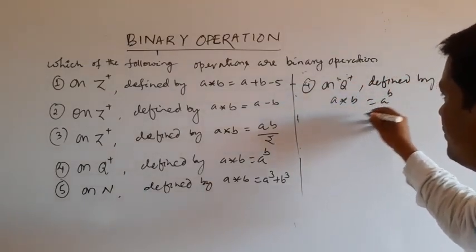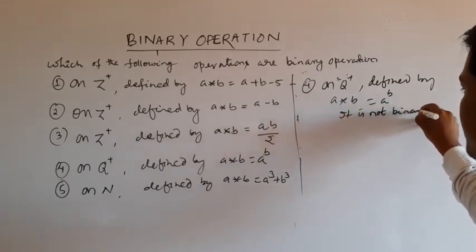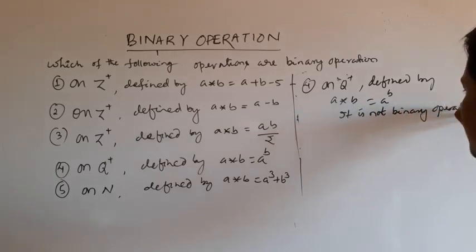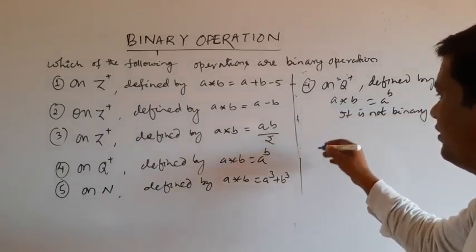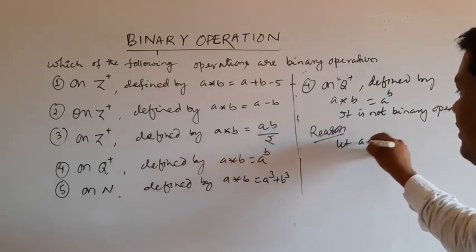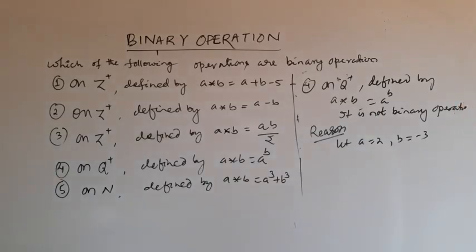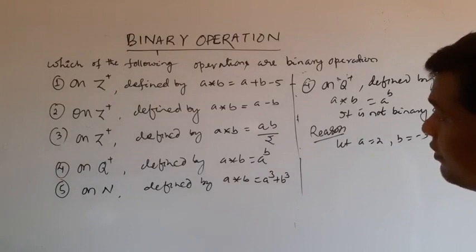It is not a binary operation. Reason: let a be equal to 2, b equal to minus 3. Sorry, this is also the set of rational numbers.